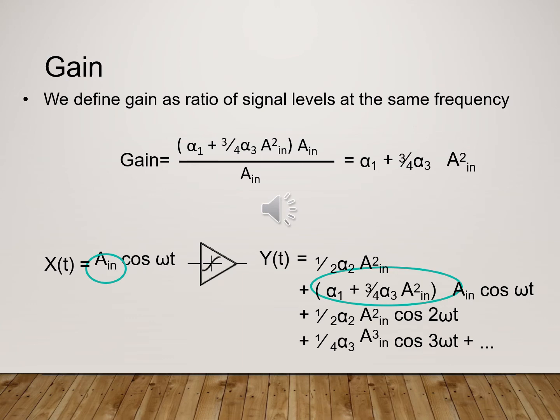From this gain, you can see that if alpha 3 is 0 or does not count, we get back to the similar linear gain, which means alpha 1. But in our case here, we consider it as a nonlinear system, and we have this gain.